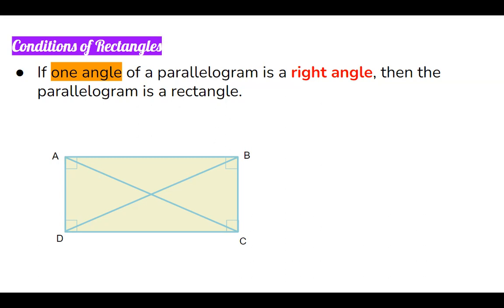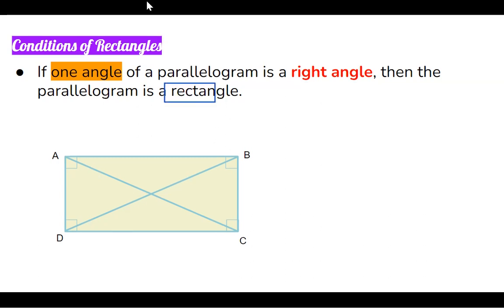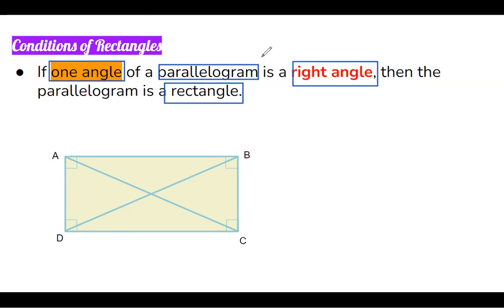So all we need to prove is that one angle of a parallelogram is 90 degrees. If that is true, then we automatically have a beautiful rectangle.